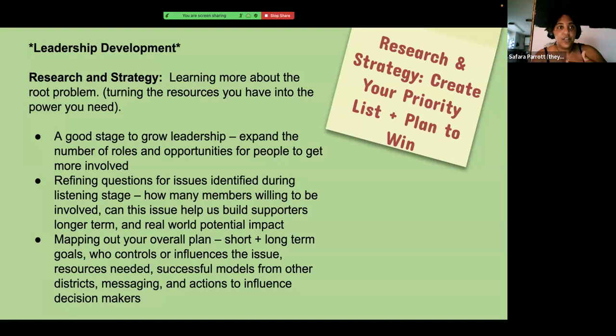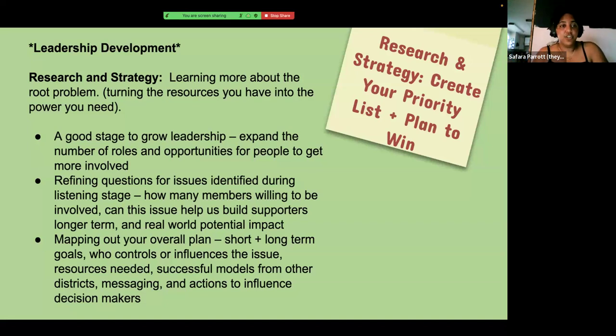Some of that can also look like setting up how you make decisions. Are you doing a whole everyone gets one vote decision making that is pretty horizontal leadership, or do you want to do more hierarchical? Is there a small core of people that make decisions?